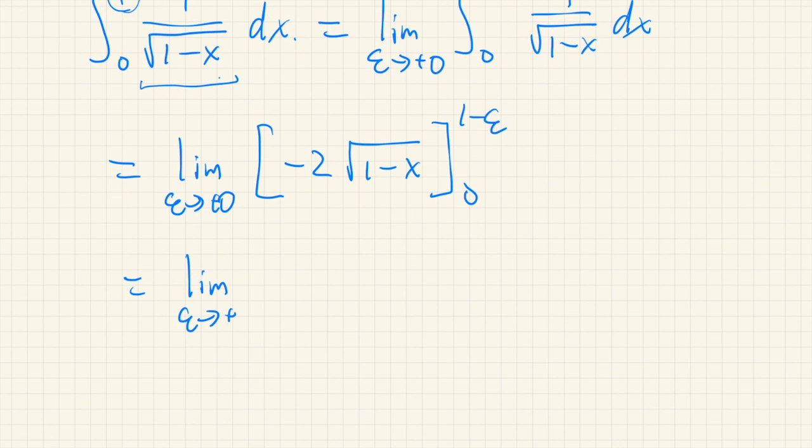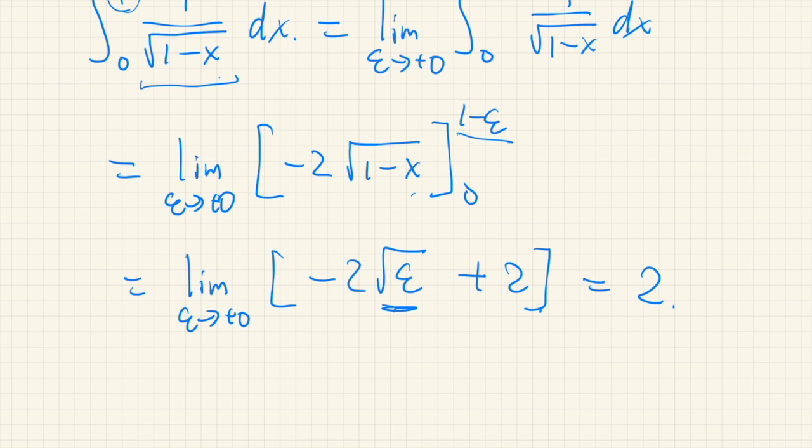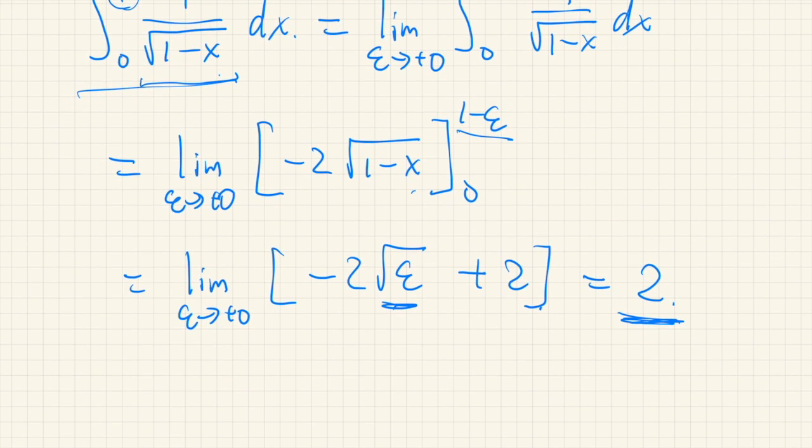So if we put this in, we get negative 2 square root of epsilon, plus 2. Okay, so if we take this limit, then this becomes 0, so it's 2. So this does converge. So this improper integral's value is 2.